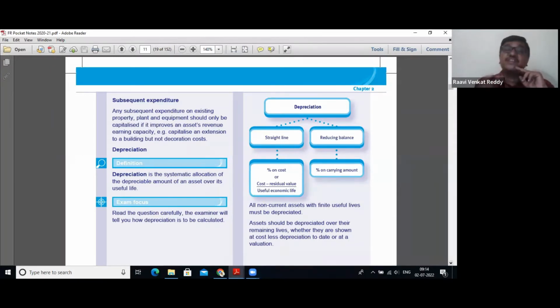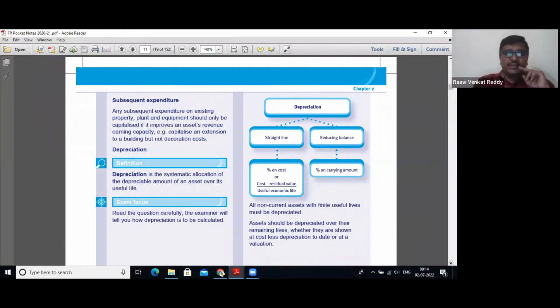The expenses incurred for that extra component can be capitalized. Is that clear? Unless it increases the economic benefit, subsequent expenditures cannot be capitalized. If it increases the economic benefit, yes, you should capitalize it. Any query on this, participants?